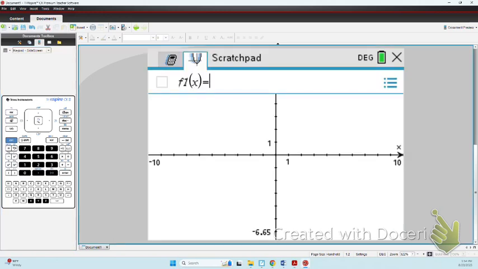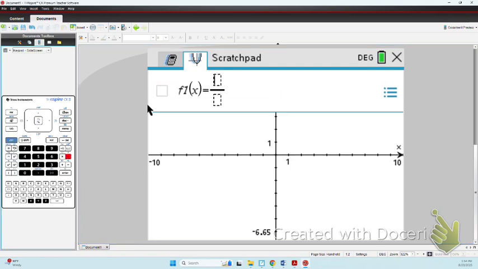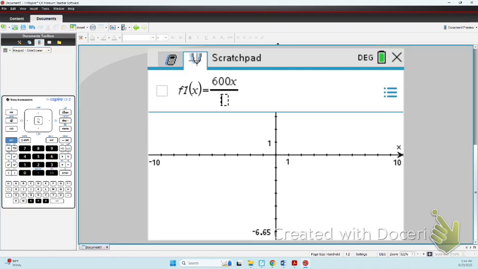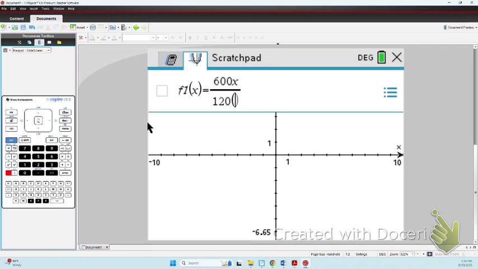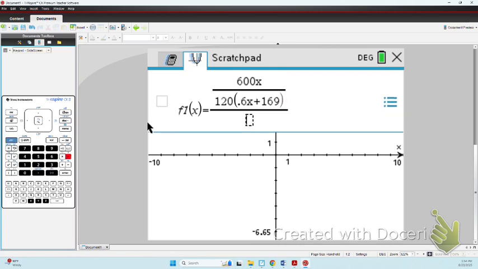A fast way is if you go to the graph. Now you have to be clever, and you have to type an X instead of N. So if you go 600X over 120, parenthesis 0.6x plus 169. And by the way, I forgot to say it a second ago, you can get a fraction by pressing Control Divide.